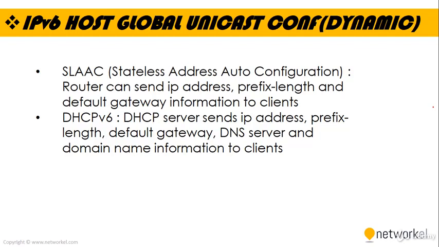In the SLAAC option, the router can send the IP address prefix length and the default gateway information to the clients. In the DHCP version 6 option, the DHCP server sends the IP address, prefix length, default gateway, DNS server, and domain name information to clients, similar to IPv4.